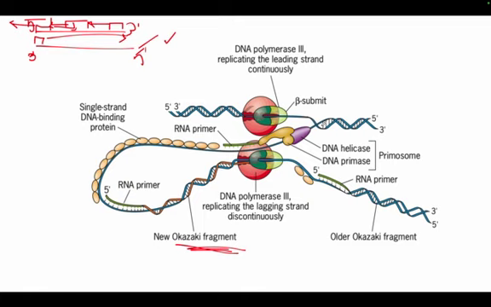However, on this other strand, we were adding the RNA primer, and this is now being replicated in the opposite direction. So DNA polymerase is adding it in the opposite direction to come to this previous RNA primer, where it will then be ligated by the ligase. So it's replicating the lagging strand discontinuously.